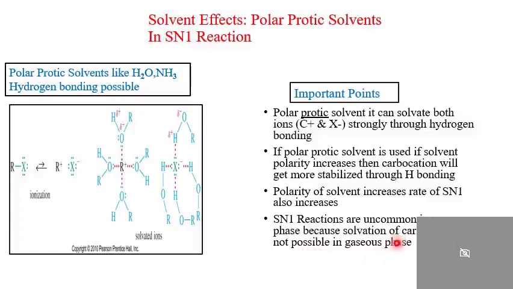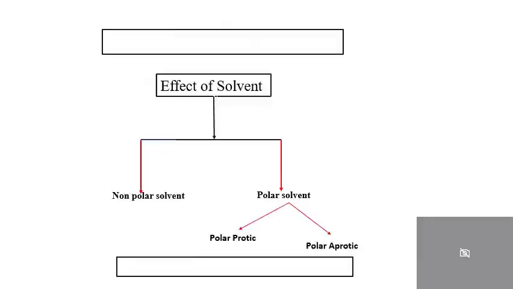Such a question is often asked for the reason, so you must know why SN1 reactions are uncommon in the gaseous phase. In short, with a polar protic solvent the rate of SN1 increases because the carbocation gets stabilized through hydrogen bonding, and the cation and anion get solvated through hydrogen bonding.